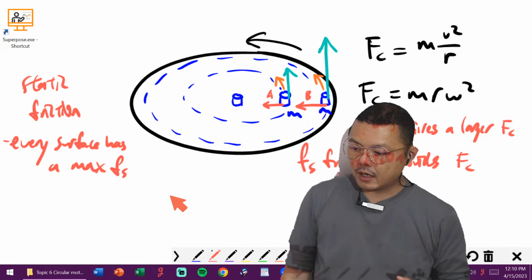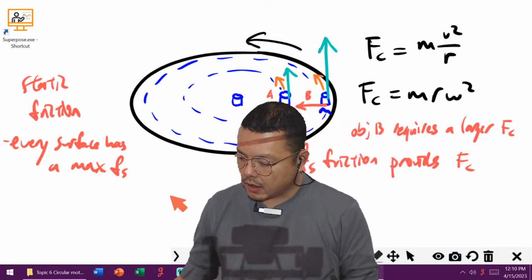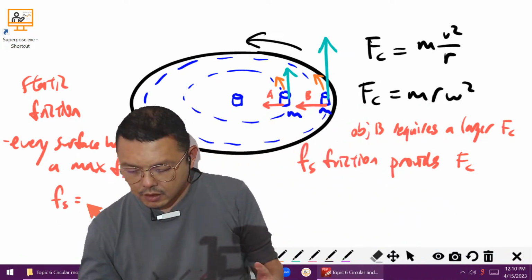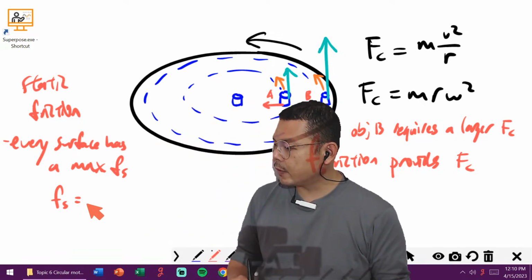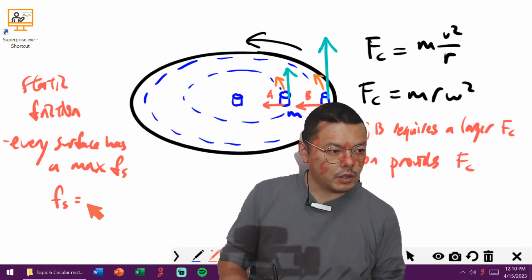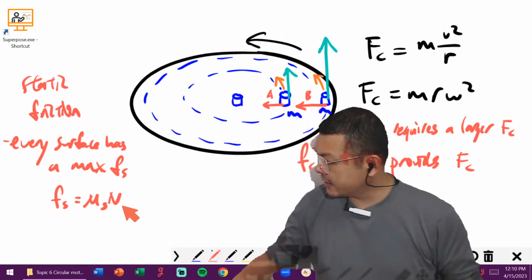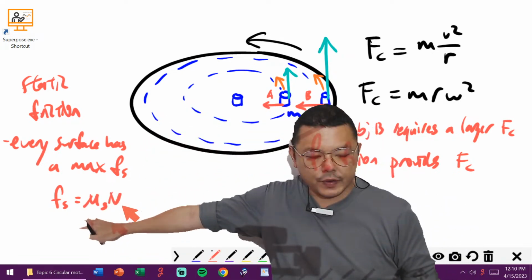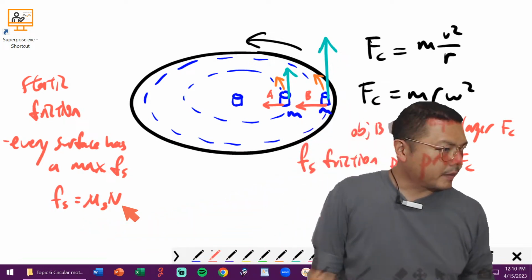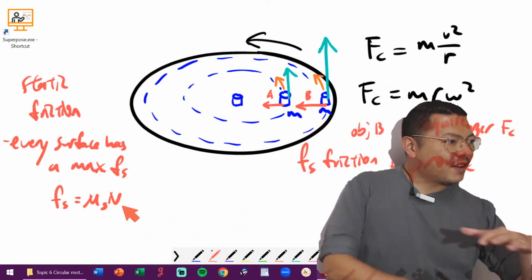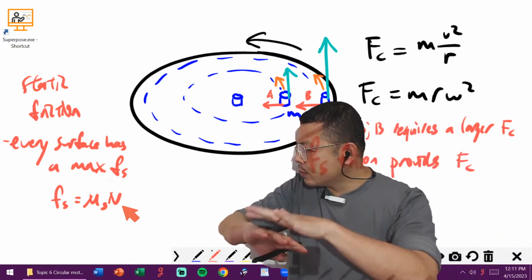Depending on what? What's the equation for static friction? Fs equals mu s N. That's the coefficient of static friction, sorry. If it's a very smooth surface, what's mu s?